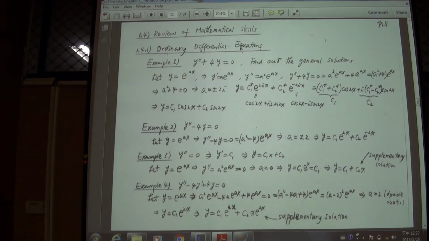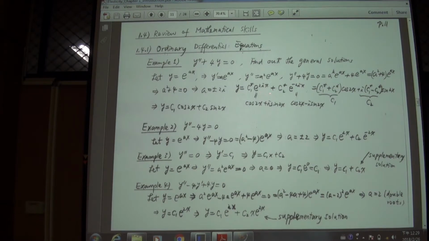So we get two solutions, and then we multiply these two solutions by arbitrary constants C1 star and C2 star, and sum them together. In this way, we get the general solution. This is the usual way to find the general solution in the theory of differential equations.